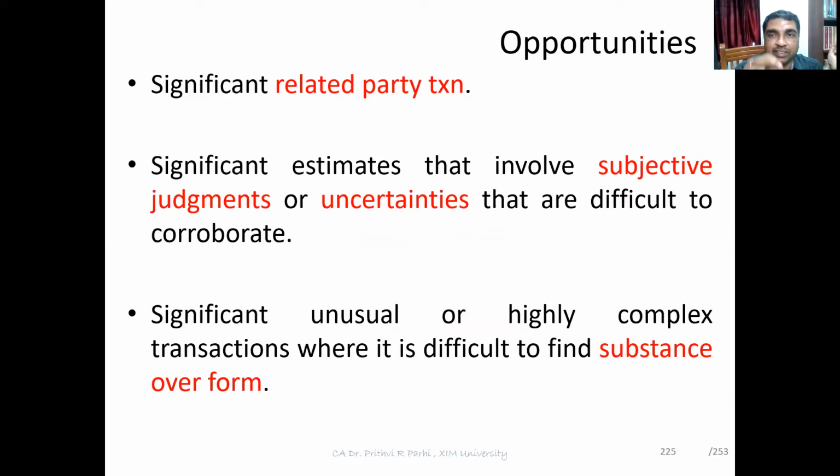Similarly, the next situation is that you can see if there are opportunities, that means chances are there, management can commit fraud. How is there a possibility? There are significant related party transactions. That means a lot of high value transactions are with related parties, maybe through group companies or maybe with the relatives of the promoters.